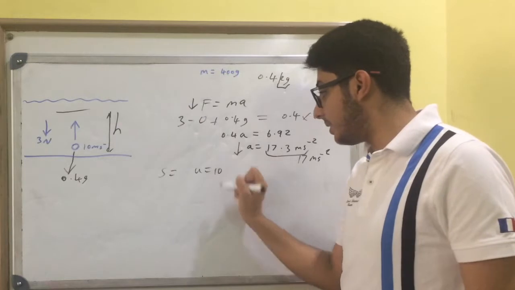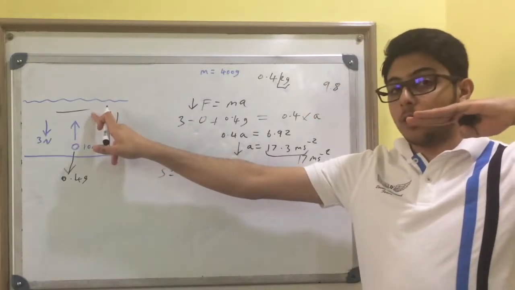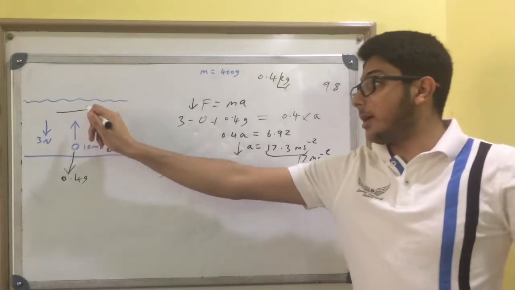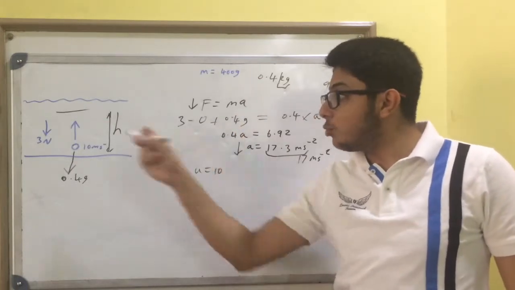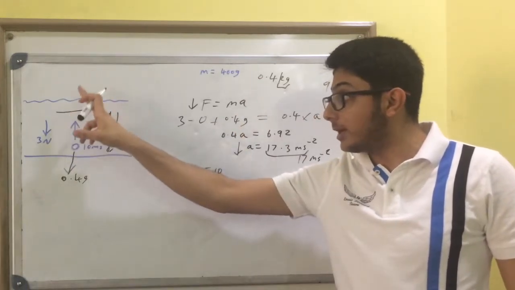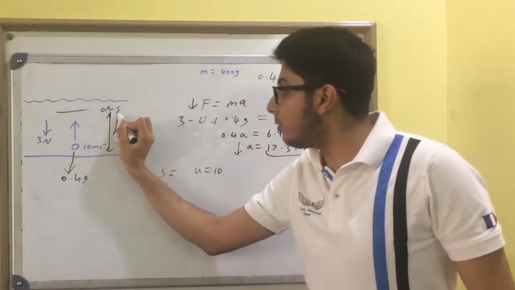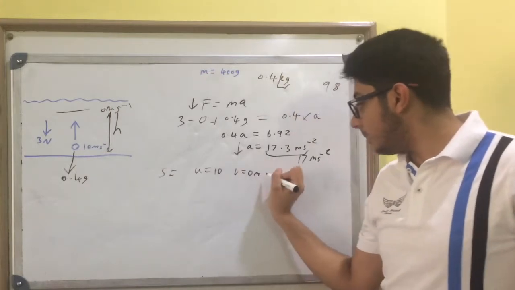Initial velocity is 10. If it reaches the greatest height, that means it is no longer moving upwards and is about to start moving down. So at that instant when it stops moving upward and starts moving downward, its velocity is 0 meters per second.